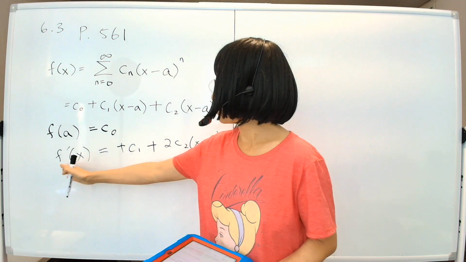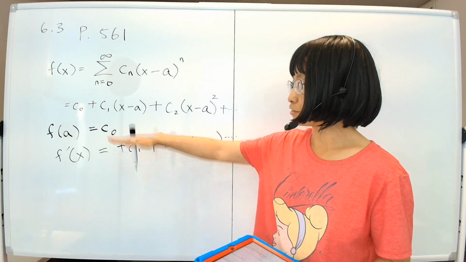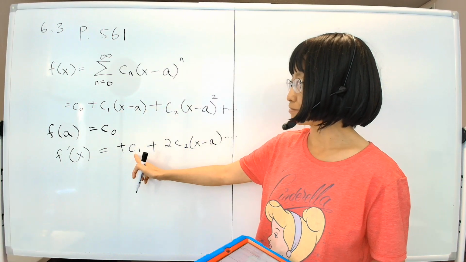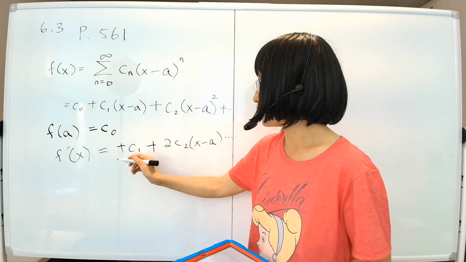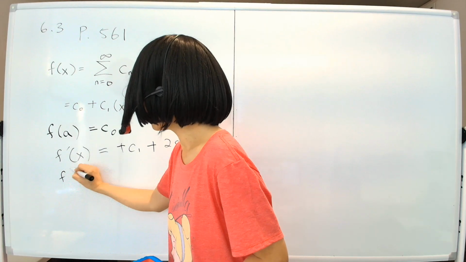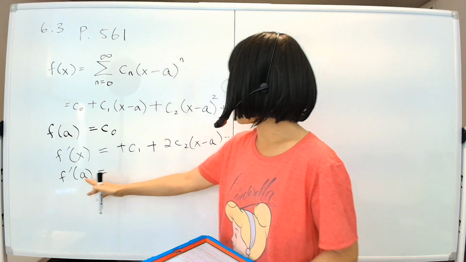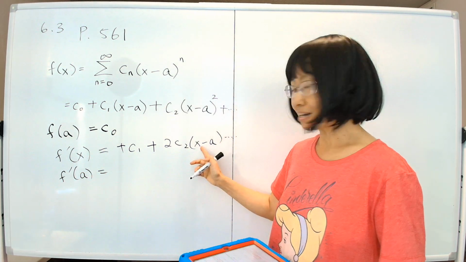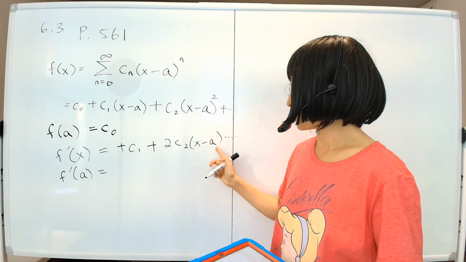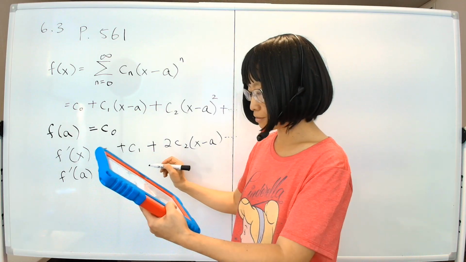But the point is, now c1 is kind of like the new c0, because again, f prime of a will be, if you plug a into x, then it knocks out all the stuff that has x in it, and then it equals c1.